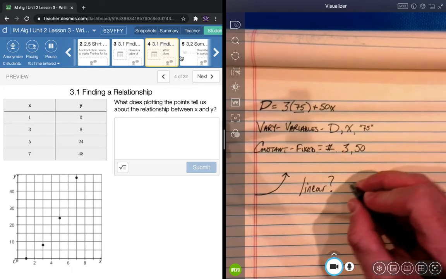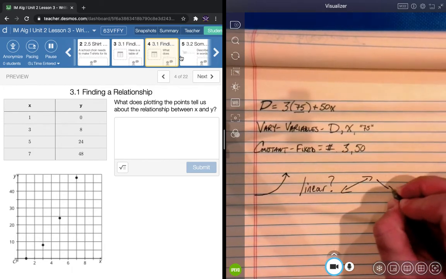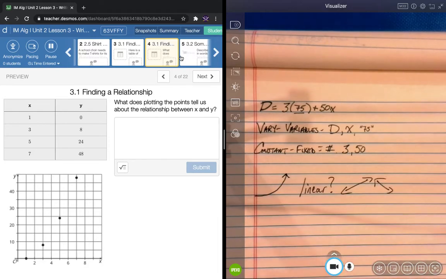Linear is your straight lines. We just covered this in Algebra 2, so you guys are covering it as well. It's a little tougher when it's not a constant, but we can see it's going to be an exponential one that's going to rise.